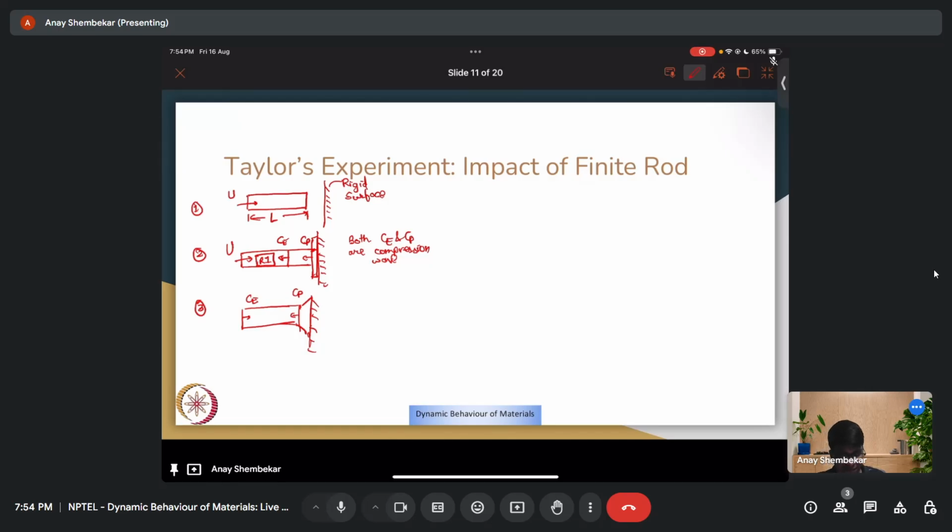The free end is still traveling with velocity u. So your release wave, which is tensile, comes back from the free surface. I will call this region R3. Sorry, I should call this region R2.